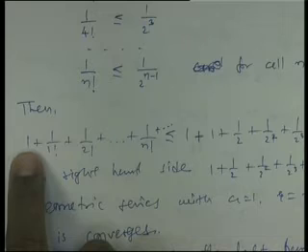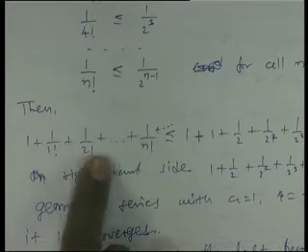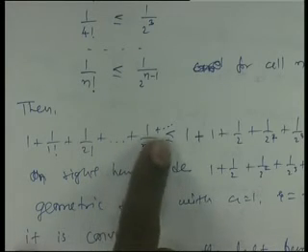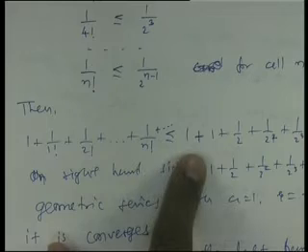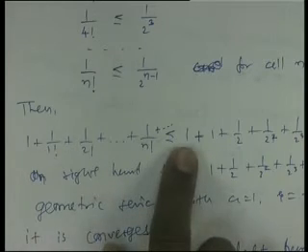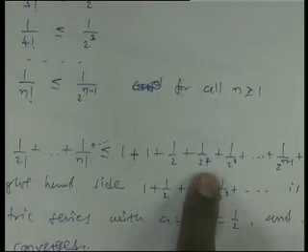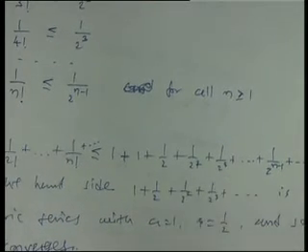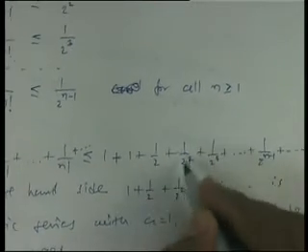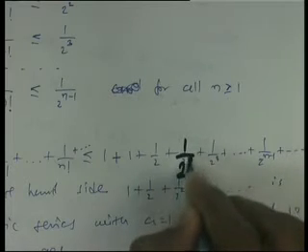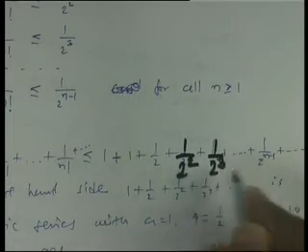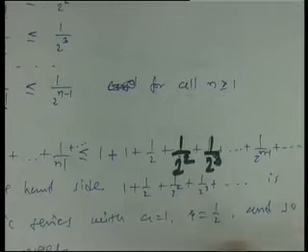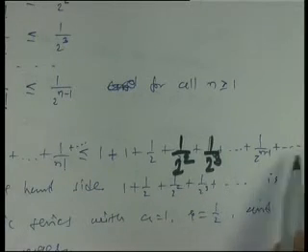So the comparison can be considered in this way: the first term of the factorial series, second term, third term, and so on, 1 upon n factorial up to infinity is less or equal to 1, then second term is again 1, plus 1 by 2 plus 1 upon 2 square plus 1 upon 2 cube. Let us write down 1 upon 2 square, 1 upon 2 cube, and similarly 1 upon 2 raised to n minus 1, and so on.